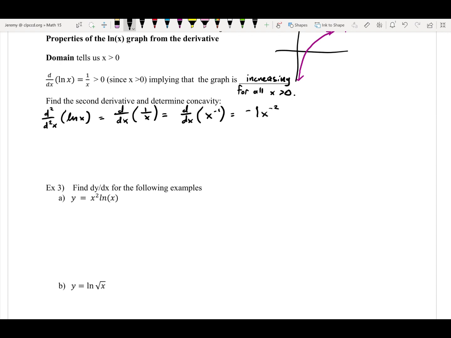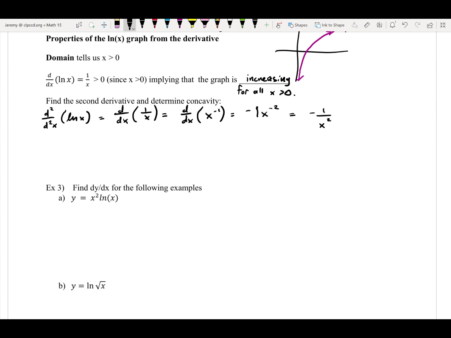This is the time in the semester when people start accidentally integrating when they mean to differentiate, or differentiating when you mean to integrate, so be careful about that. Okay, so I could write this as negative 1 over x squared, like that.